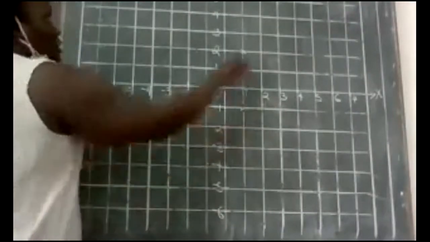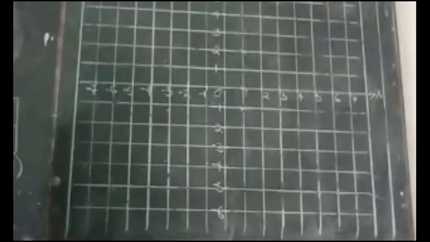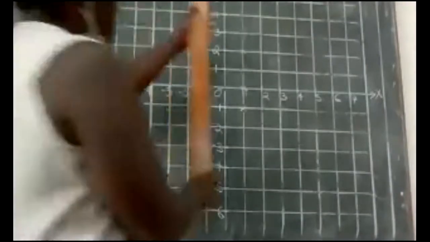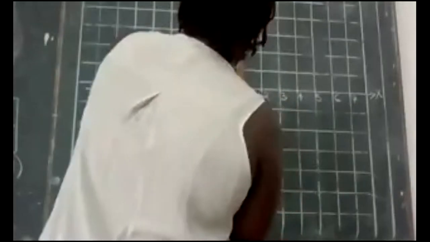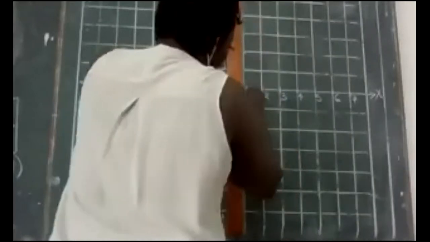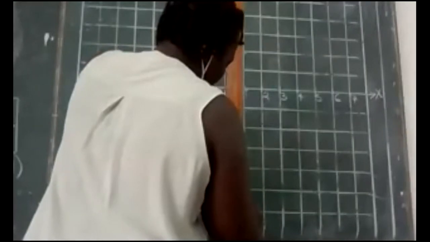So it gives me that line. I have to redraw through it, make it a little bolder. So this is my line x is equal to 1.